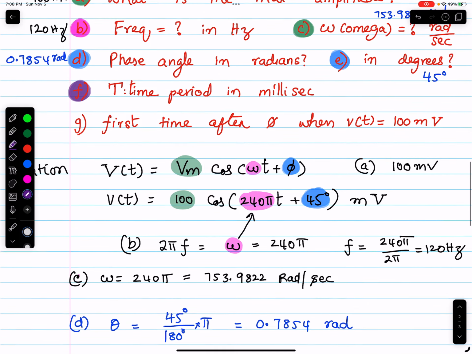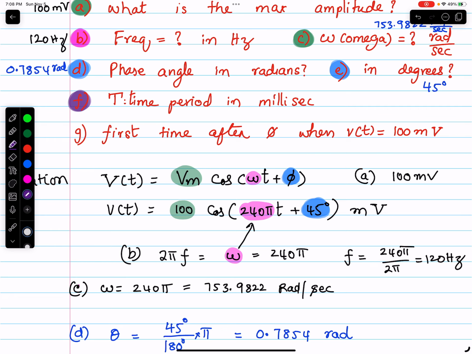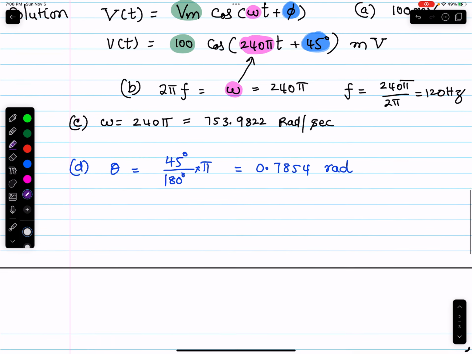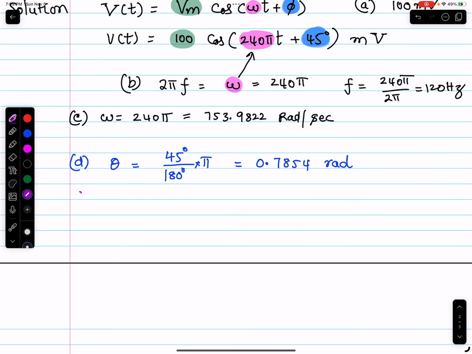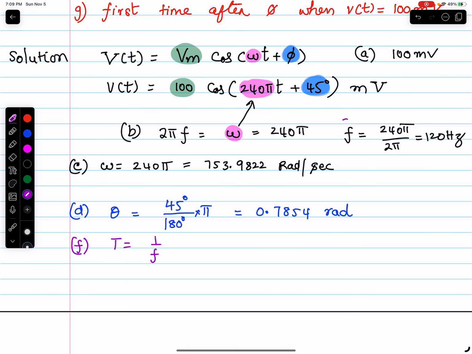Let me do this. I'm going to turn the night shift off so you can see the colors better. Now, F, time period in milliseconds. How do you calculate that? The time period is simply 1 over F. But we did calculate F in hertz, which is 120.